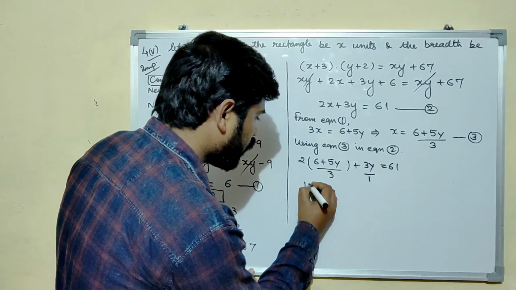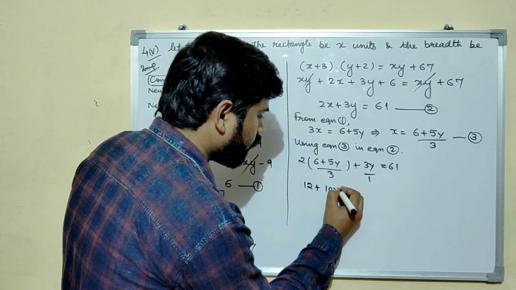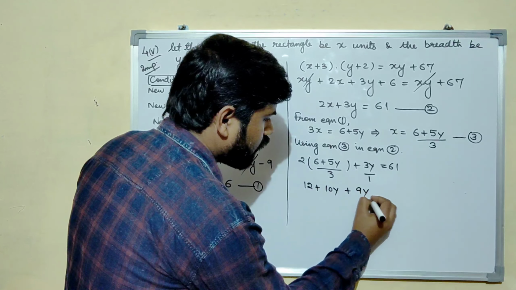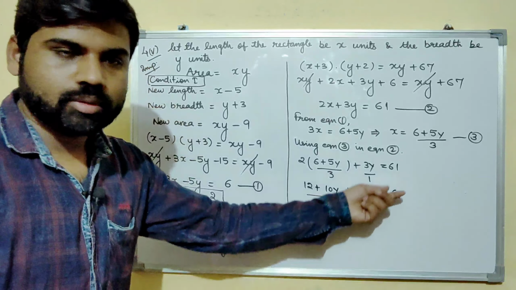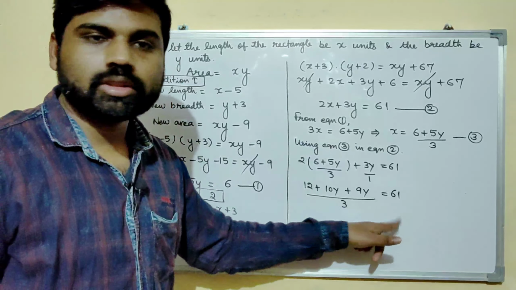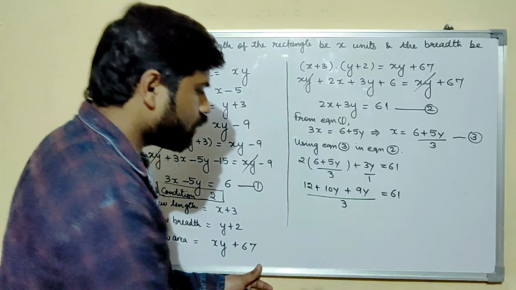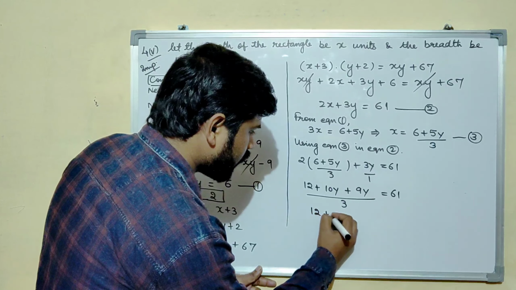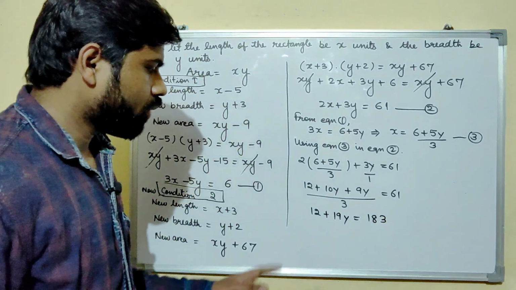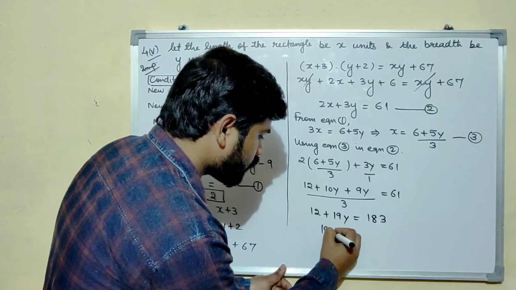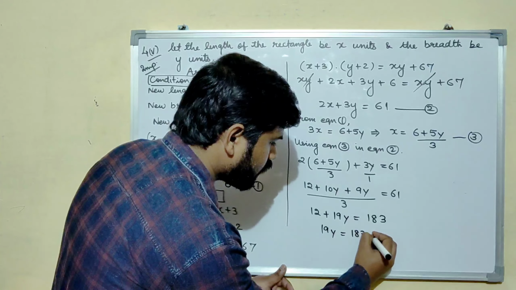You will get 12 plus 10y plus 9y, upon 3 equals 61. Just transpose this 3 to the right hand side. You will get 12 plus 19y equals 183, or 19y equals 183 minus 12.